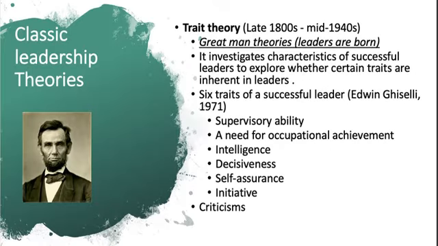Trait theory, which is also one of the leadership theories, has been considered a classical leadership theory, also the first type of leadership theory introduced in today's world. Trait theory started to develop in the late 18th century until the middle of the 1940s. Trait theory has also been considered a great man theory, right?